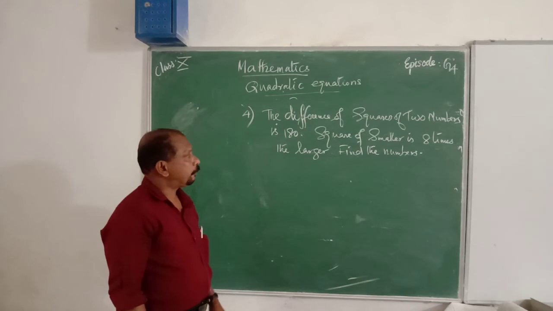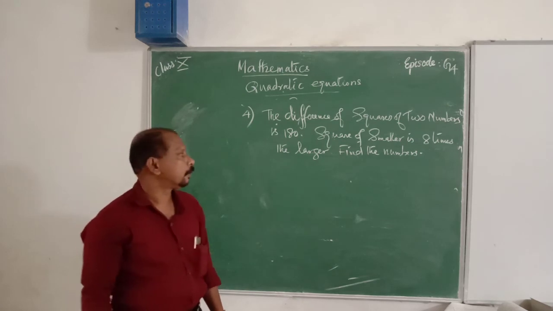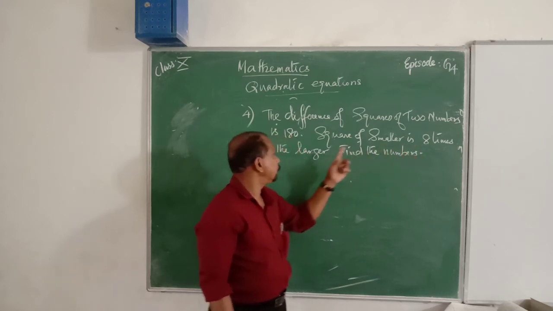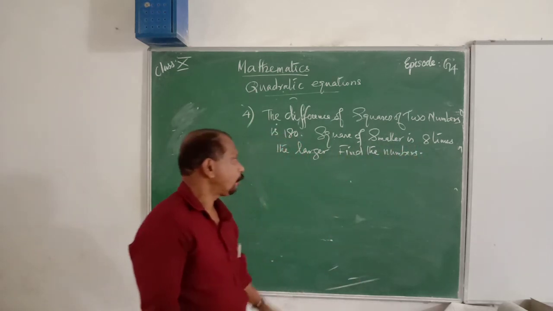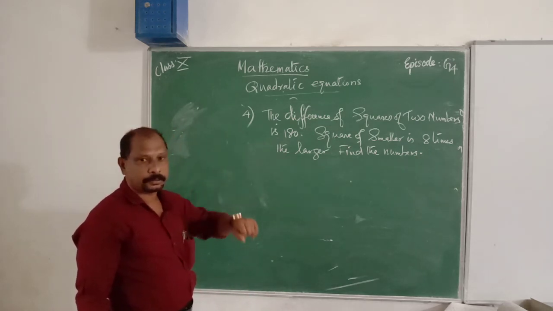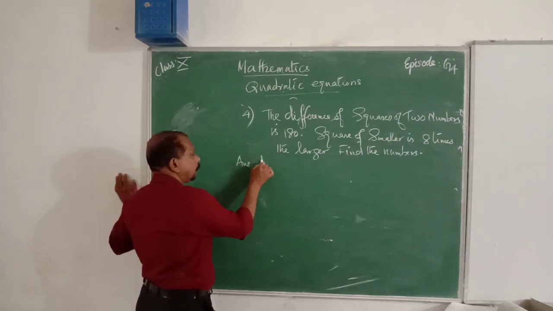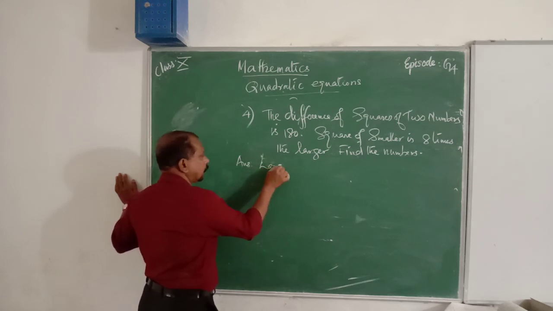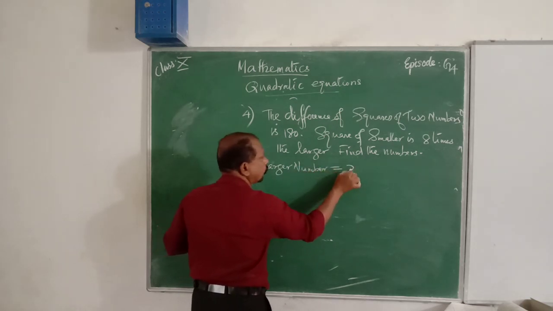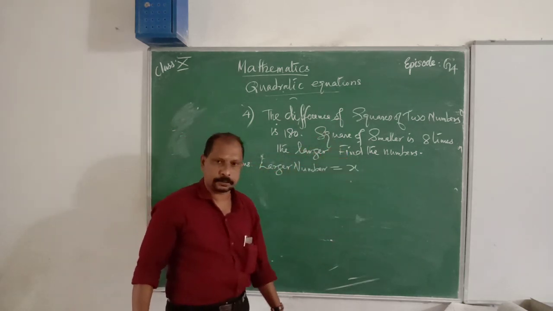Question: the difference of the squares of two numbers is 180. The square of the smaller number is 8 times the larger. Find the numbers.